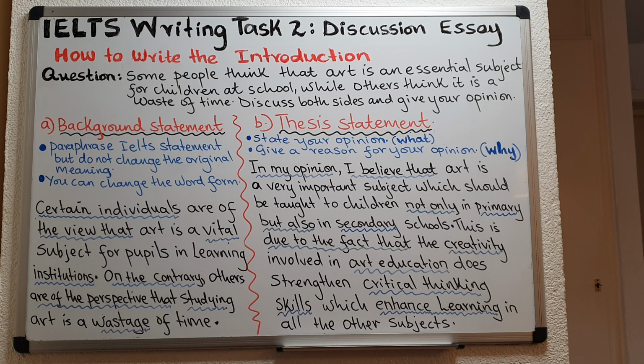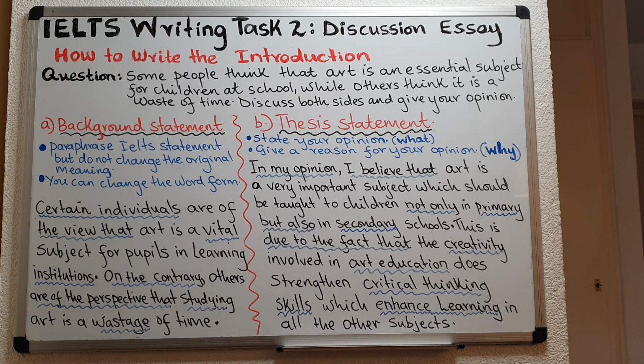"I believe that art is a very important subject which should be taught to children not only in primary but also in secondary schools." So I picked the first opinion: some people think that art is an essential subject for children at school. That is my opinion. So I had to write that in my own words.